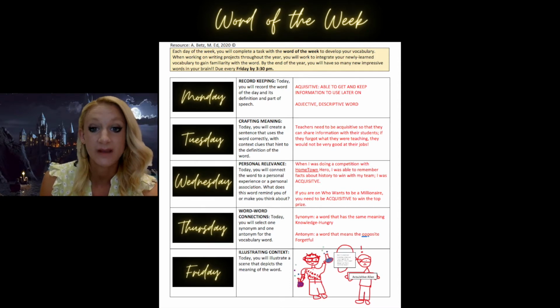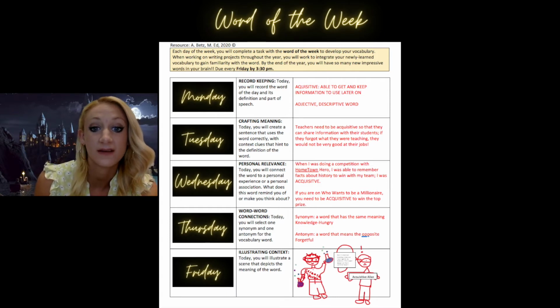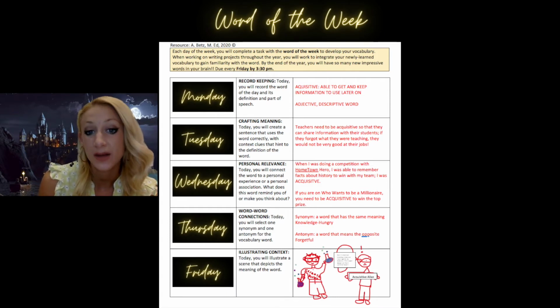So some professions that might need to be acquisitive would be doctors, teachers, surgeons, people who are working in construction and doing architecture. These are all people that need to be able to apply information that they've learned.